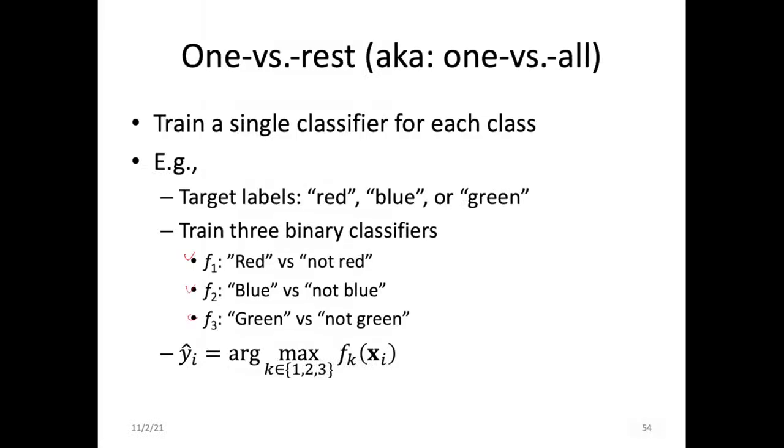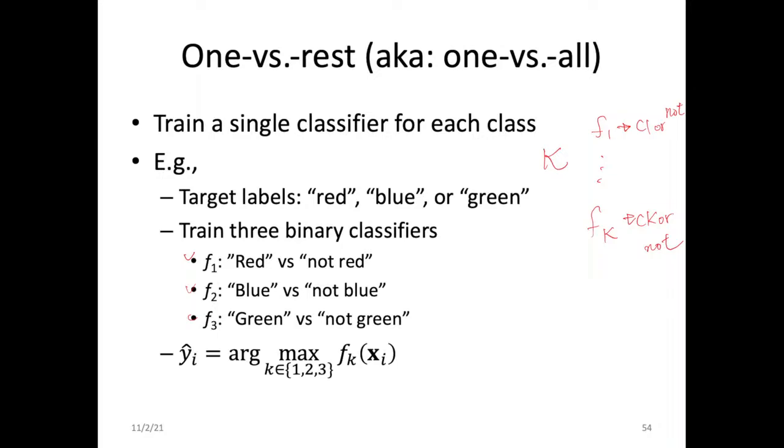If we have k classes, then we build k classifiers, F1 up to Fk. The first one is used to predict class 1 or not. The second one is class 2 or not, up to the last one, class k or not. So we build k classifiers, and each of them can use all the training instances for training.